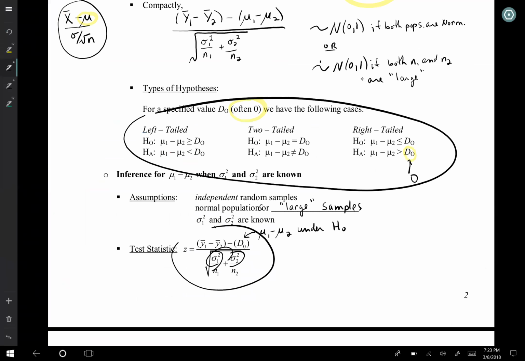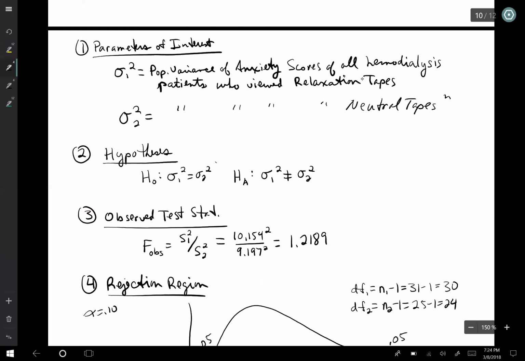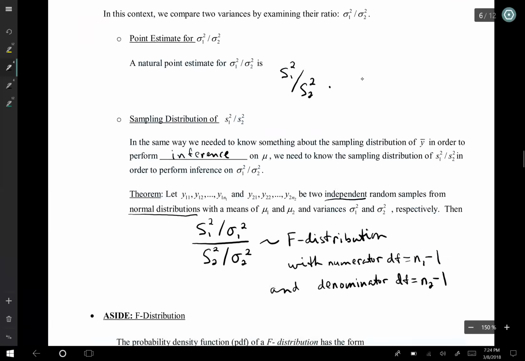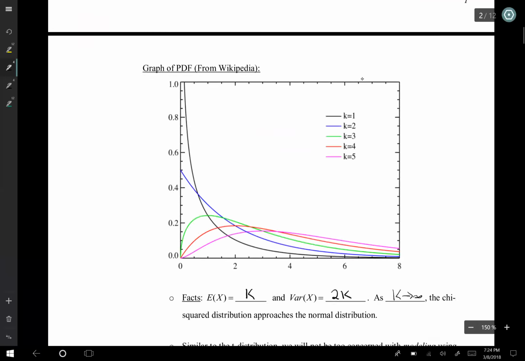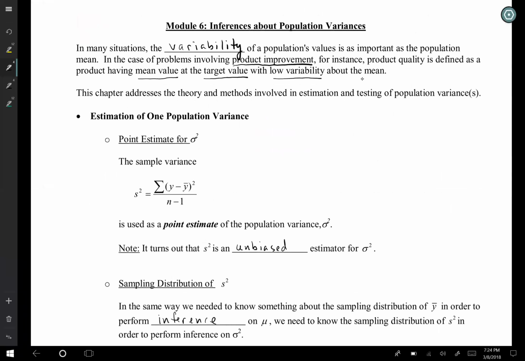Let's go to Module 6. So here's the notes. We can talk through them, or really, you're the only one here, so if you want to go straight to the assignment, you can do that as well.